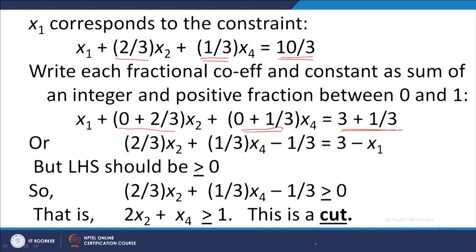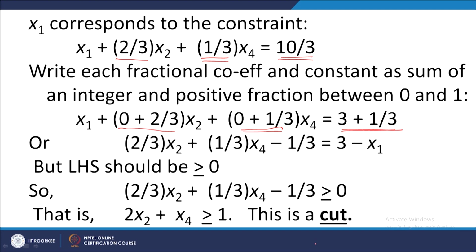Once you have written the equation in this fashion, where on the left hand side we have the non-integral parts and on the right hand side we have the integral parts, the left hand side should be greater than or equal to 0, because all the variables xi's in an LP are supposed to be greater than or equal to 0.